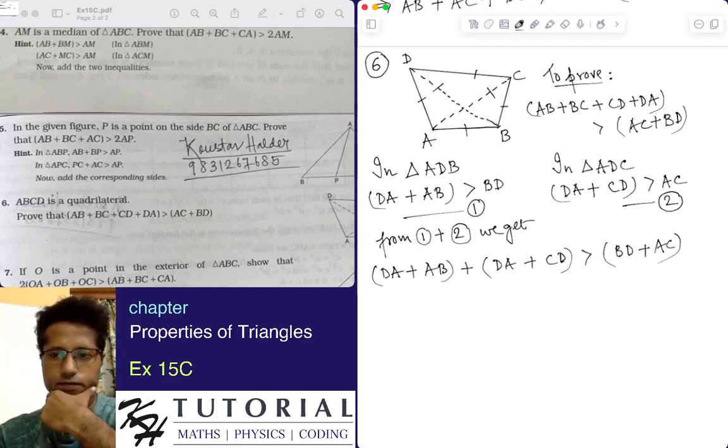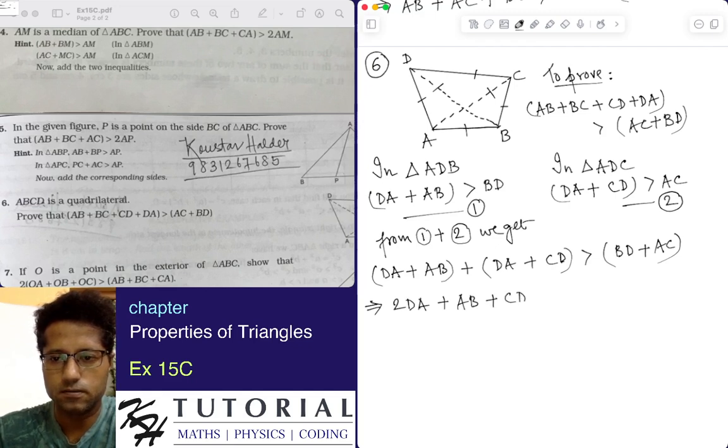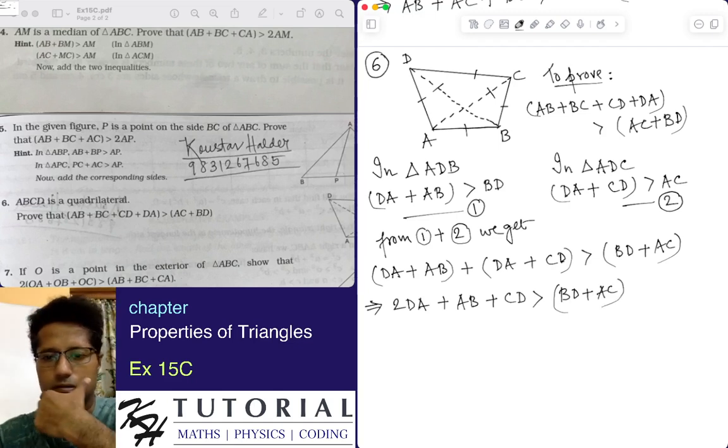So on the right hand side we have BD plus AC, but on the left hand side we have twice DA plus AB plus CD. But on the left hand side we need the side BC.